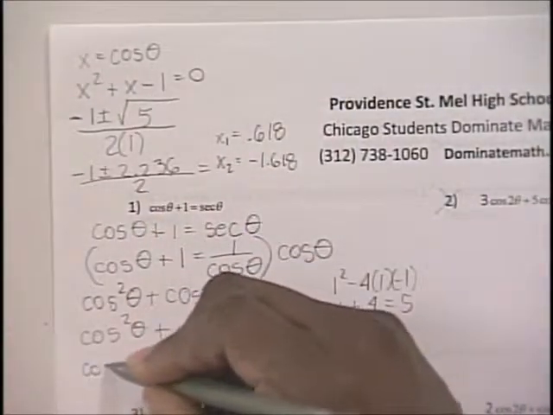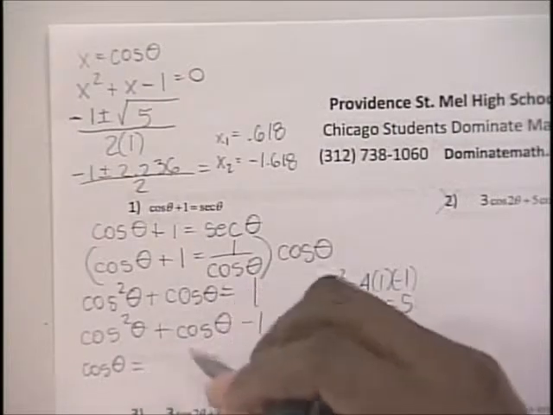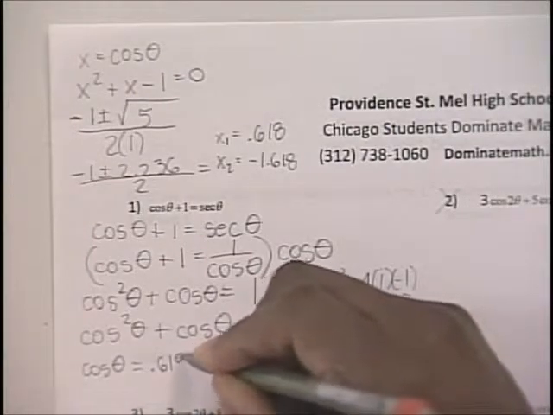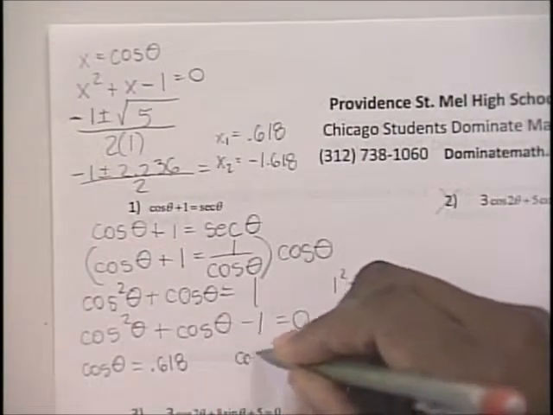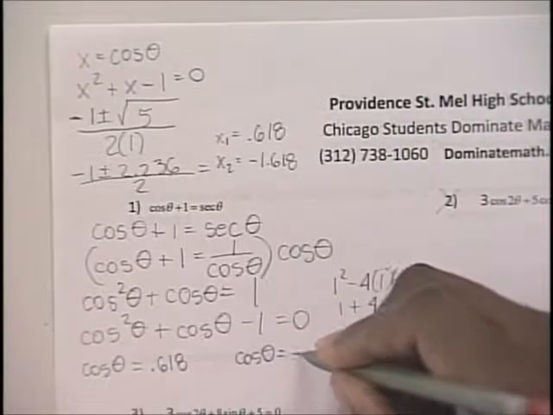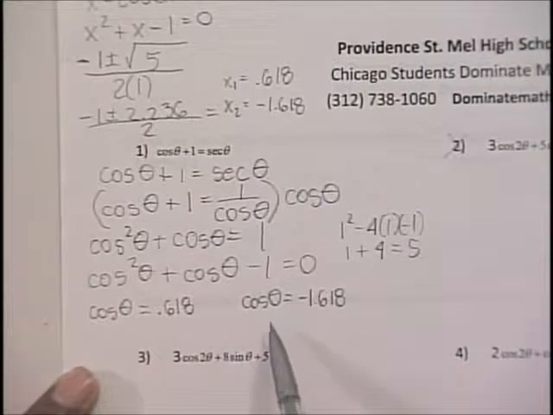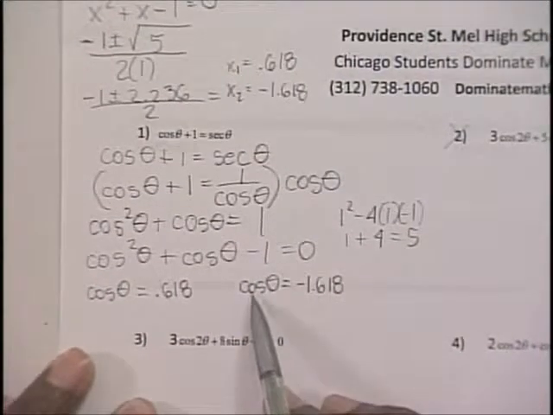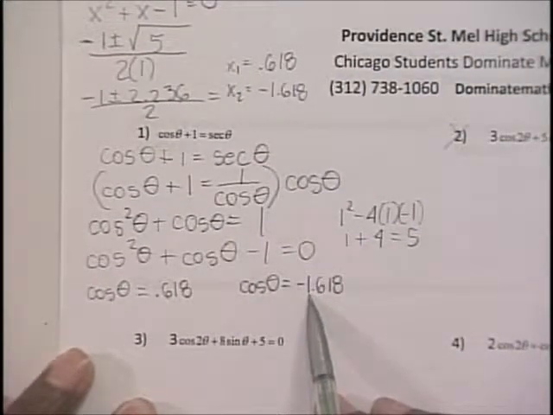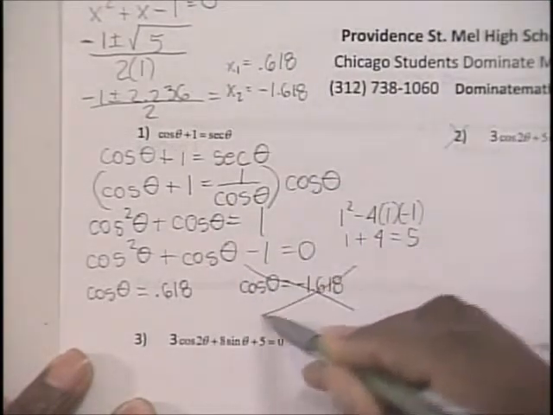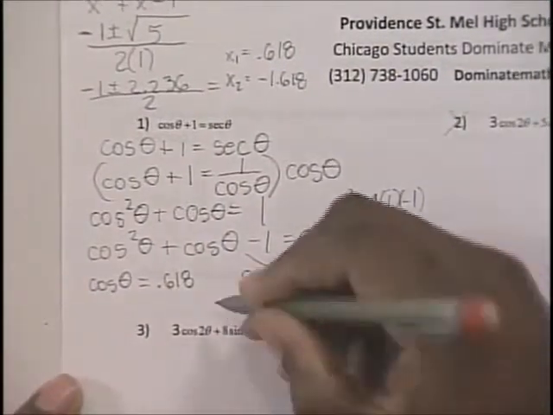So we have cosine theta is equal to 0.618, and cosine theta is equal to negative 1.618. What you discover here is that the cosine of theta is never less than negative 1 and never greater than 1. So the second one is not going to yield an answer.